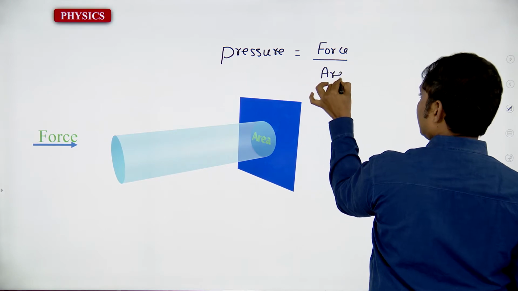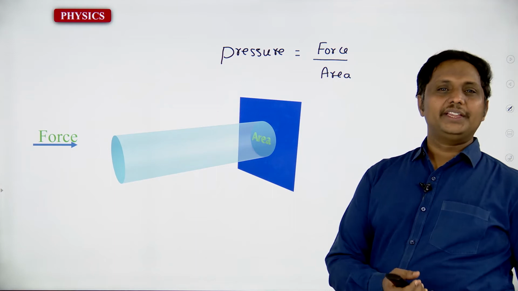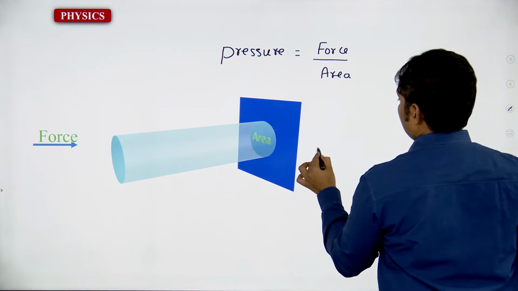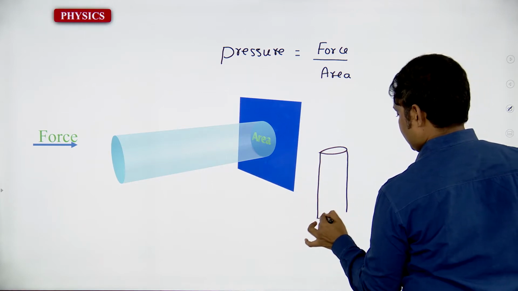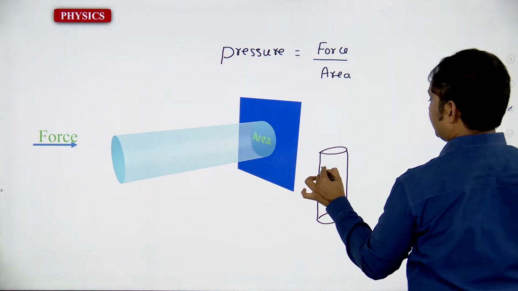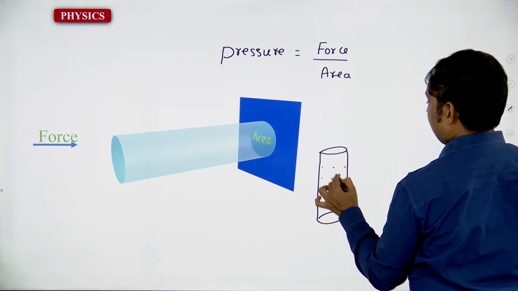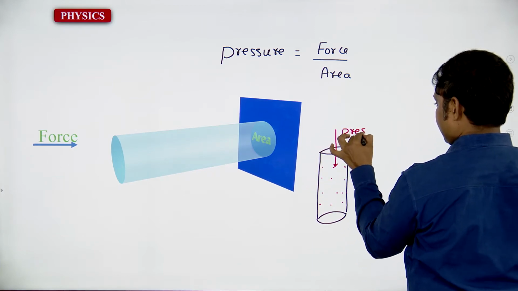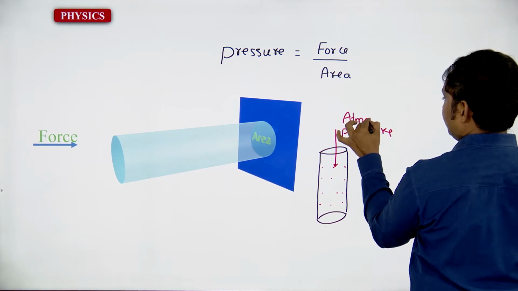Due to the presence of the atmosphere, if we take that reference, the mercury filled in it stands due to the pressure, and that is the atmospheric pressure.